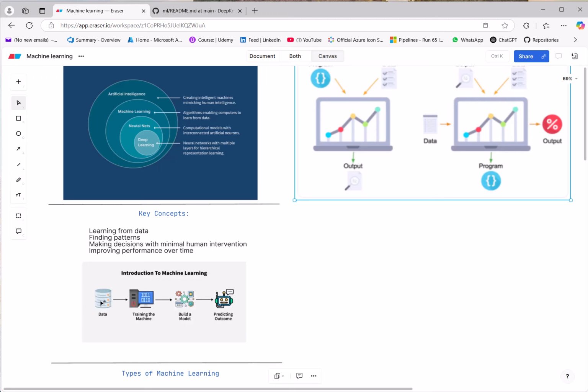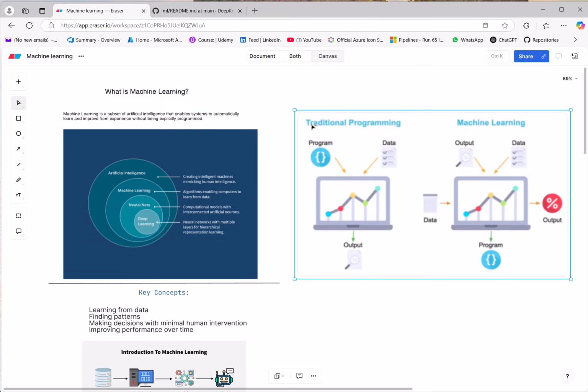To generate this model or program, machine learning goes through several iterations, not only one. To make this model, it tries to learn from data and extract insights from data to build it.